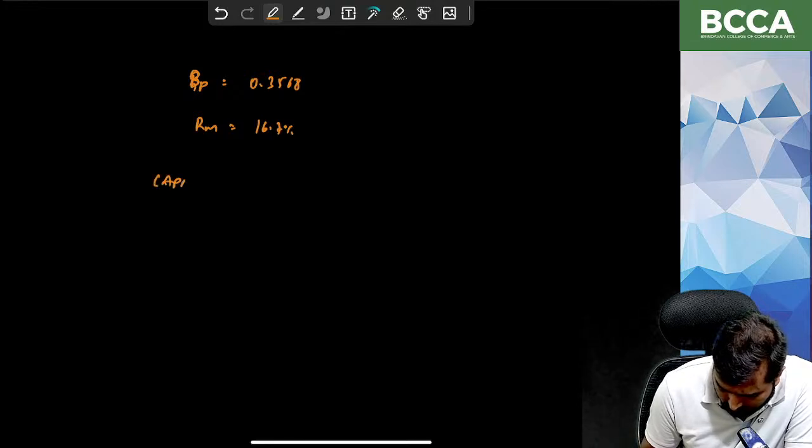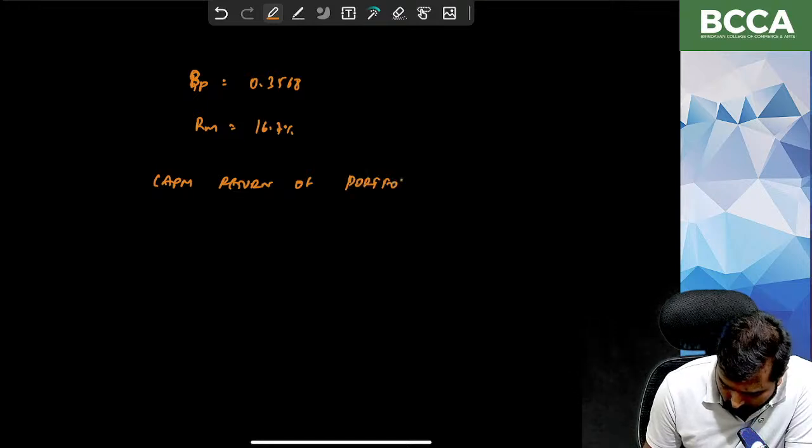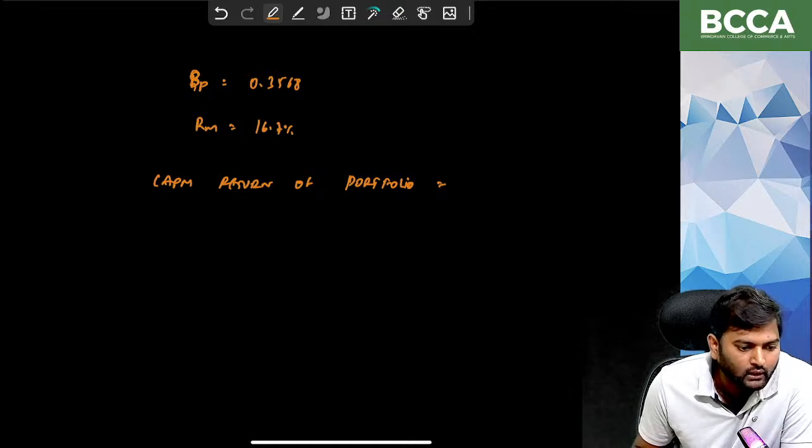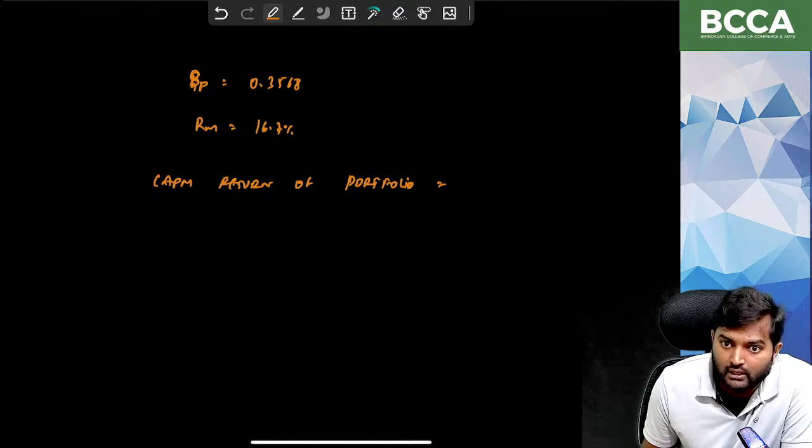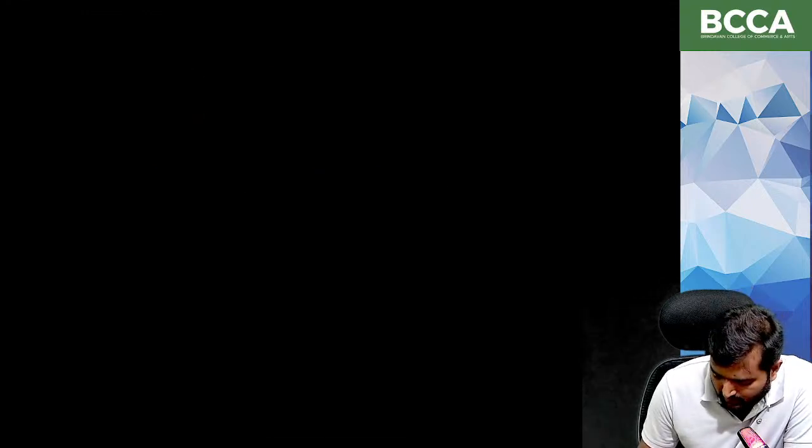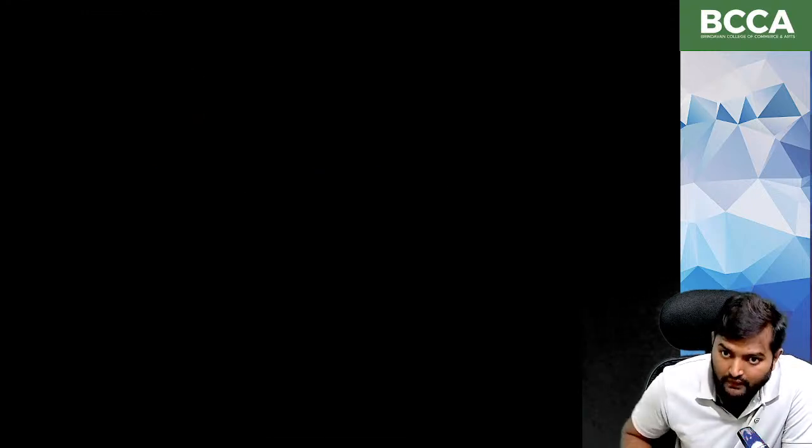What about the CAPM return of a portfolio? The average return of a portfolio given in the question is assumed as the CAPM return. What is the CAPM return? 15.7%.